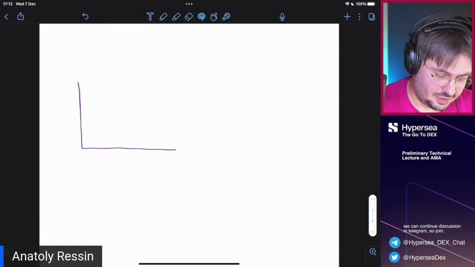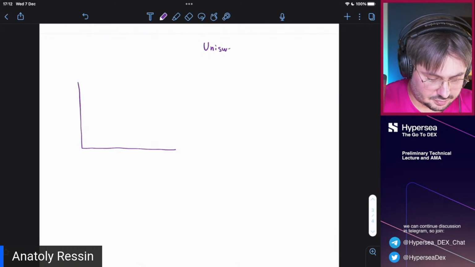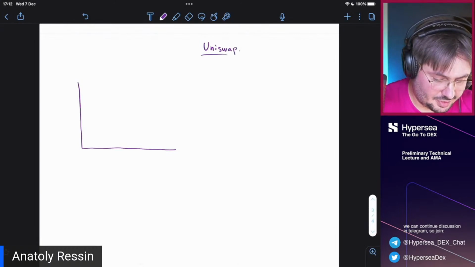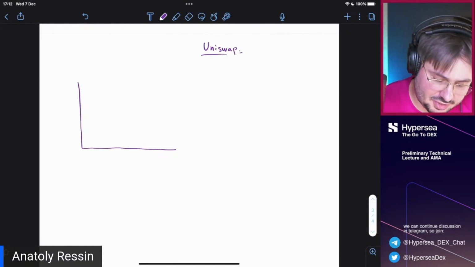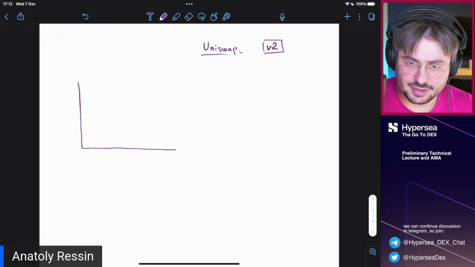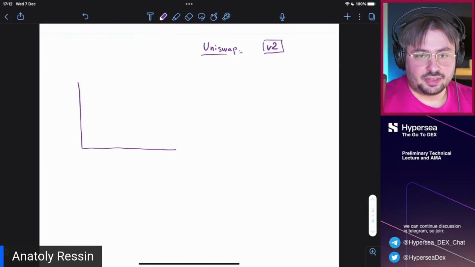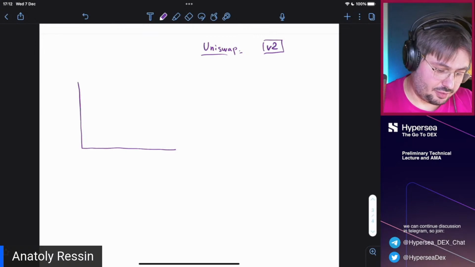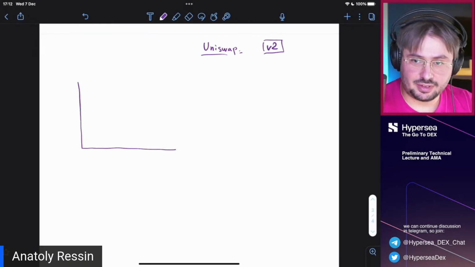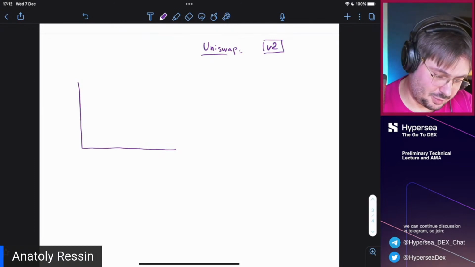In systems like Uniswap, especially version 2 Uniswap, then we will talk about version 3, Uniswap version 2 provided a very simple, that means very cheap on the blockchain, way to manage liquidity.